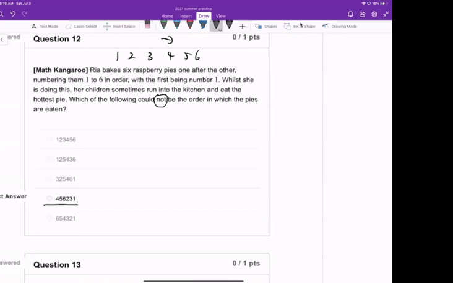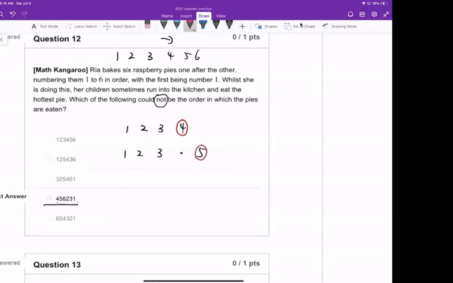Okay, so let's say 4 is the first one eaten. Right after the fourth pie was baked, the children eat 4, because it's the hottest. And then the next one eaten is 5. So what happens is 1, 2, 3, 4 is gone, and after 5 is baked, then 5 is eaten, it's gone.